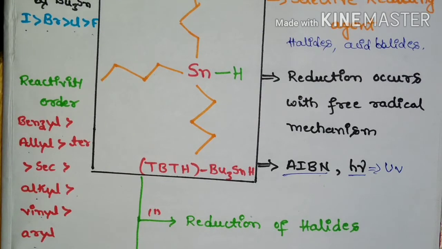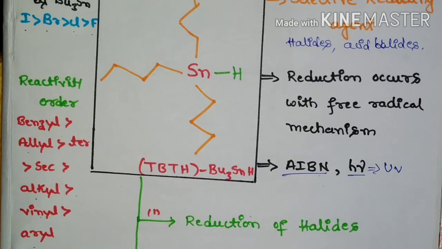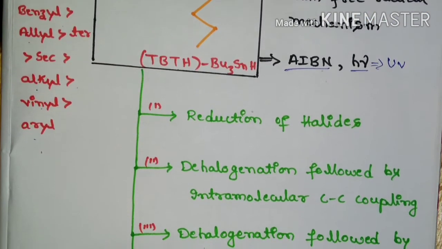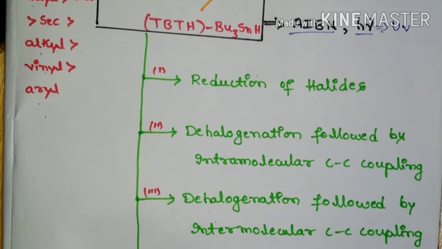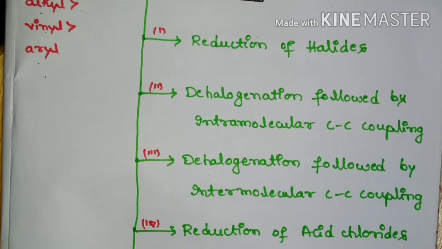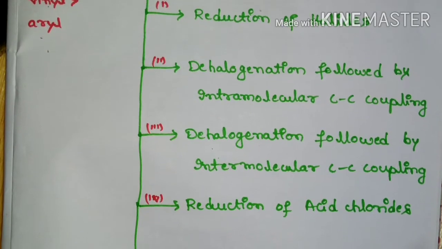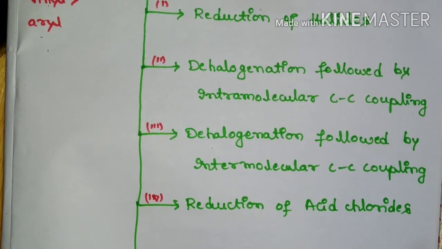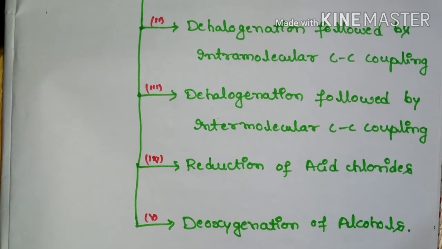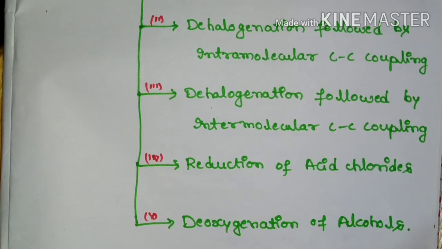And if we see the applications of this tributyl tin hydride in organic synthesis, they are listed here. First is reduction of halides, second is dehalogenation followed by intramolecular carbon-carbon coupling, third one is dehalogenation followed by intermolecular carbon-carbon coupling, fourth is reduction of acid chlorides, and last is deoxygenation of alcohols.